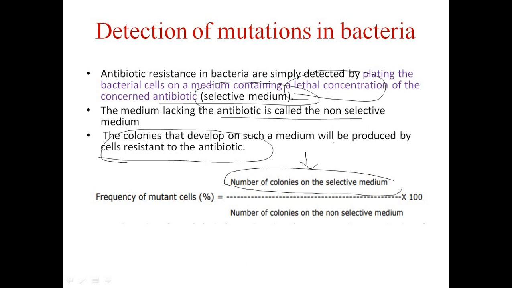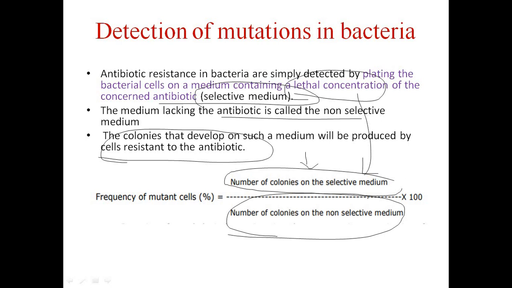Though there is a lethal concentration, colonies of certain bacterial cells are growing, and obviously they are mutants. The colonies on the non-selective medium are the normal ones. So the frequency of mutant cells can be calculated by dividing the number of colonies on the selective medium, with a lethal concentration of the antibiotic, by the number of colonies on the medium lacking that antibiotic.